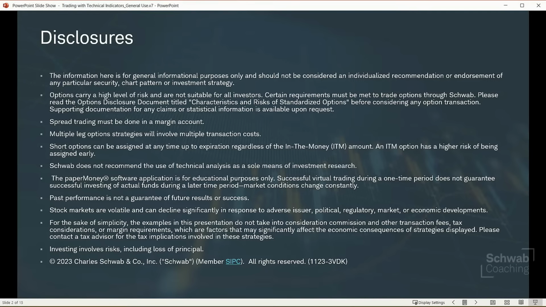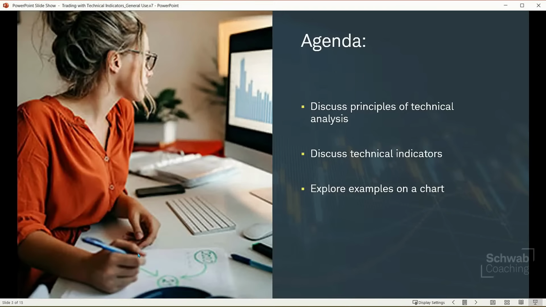Also, when we talk about multi-leg option strategies, those can involve multiple transaction costs, and short options can be assigned at any time up to expiration, regardless of the in-the-money amount. Also understand that Schwab does not recommend the use of technical analysis as a sole means of research. Past performance is not a guarantee of future results or success. And also remember that investing involves risk.